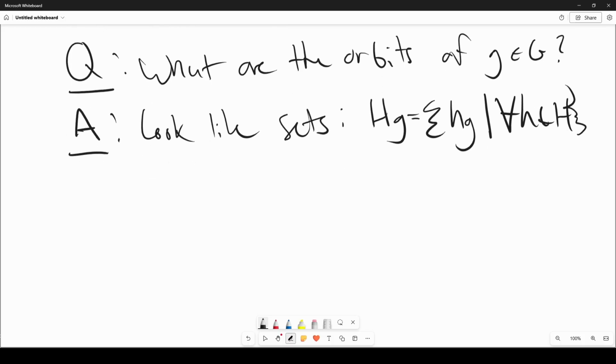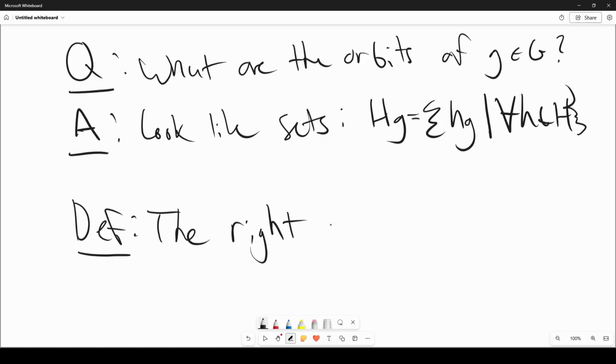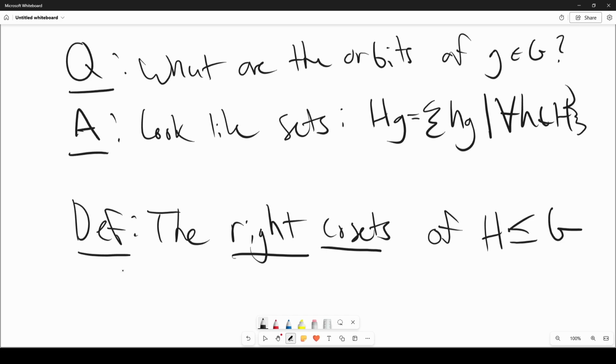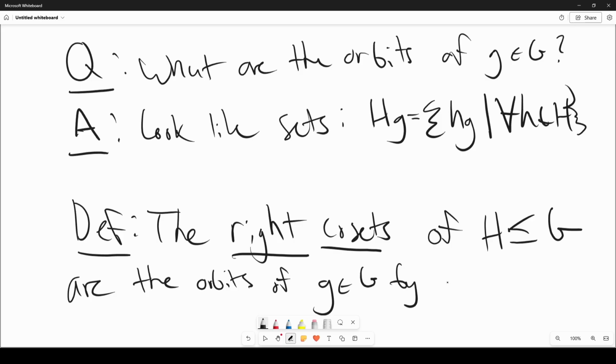This happens to be a very important idea in abstract algebra, so important that they get their own name. Let's call these the right cosets. The right cosets of H, a subgroup of G, are the orbits of elements of G by the group action of H on G as we just defined by left multiplication.